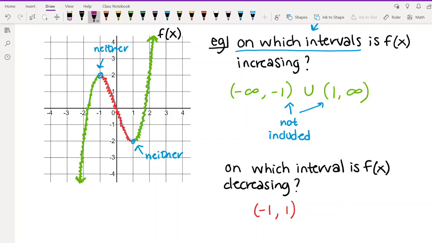So you can think of this question, on which intervals is the function increasing? Think of that as being like, during what time period is it increasing? Right? If someone said, when is the temperature increasing, you wouldn't be giving outputs, you'd be giving inputs as your values, right? Because time would be like the input values, and then the temperature would be the output values.